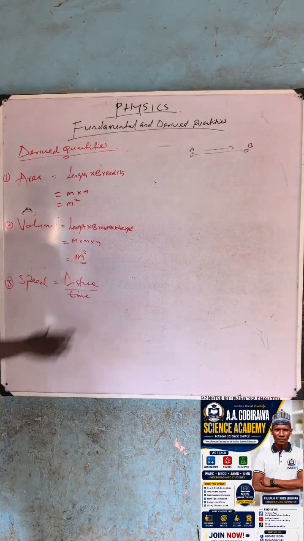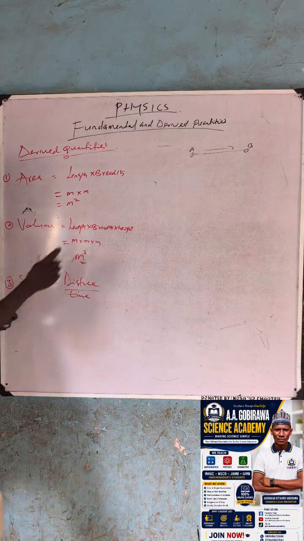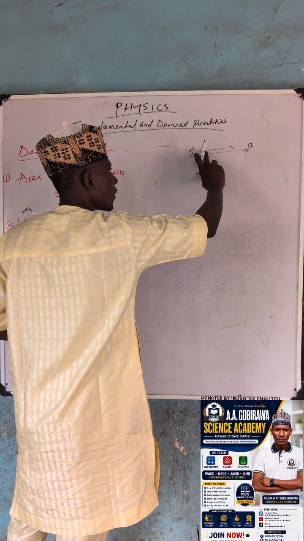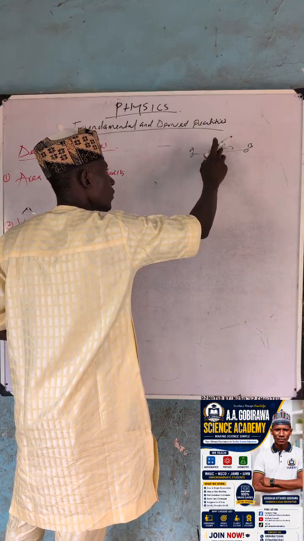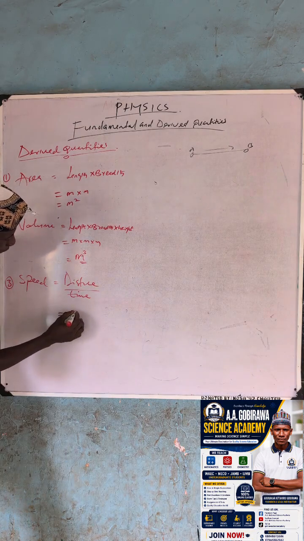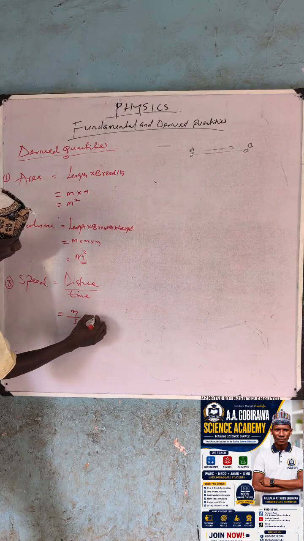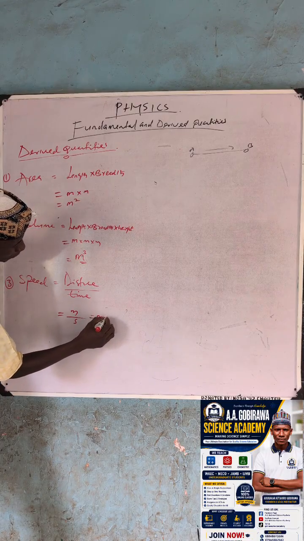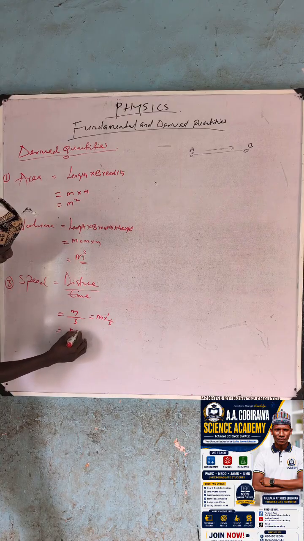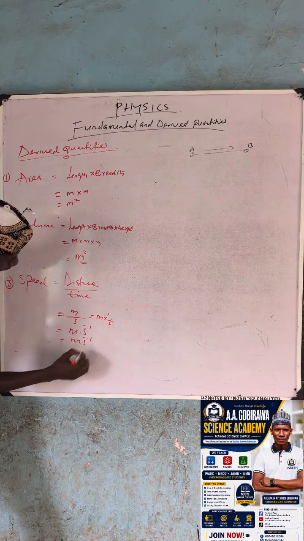So distance over time: distance is measured in meter, so we have meter over second, which is meter per second.